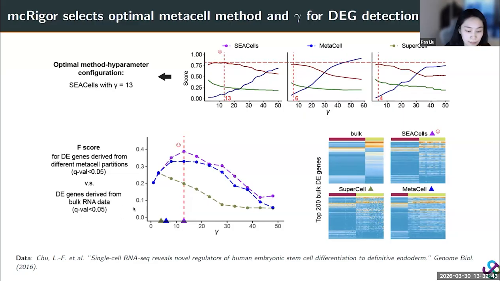And you can see that the best one is the one with gamma equal to 13, marked by this red dash line.